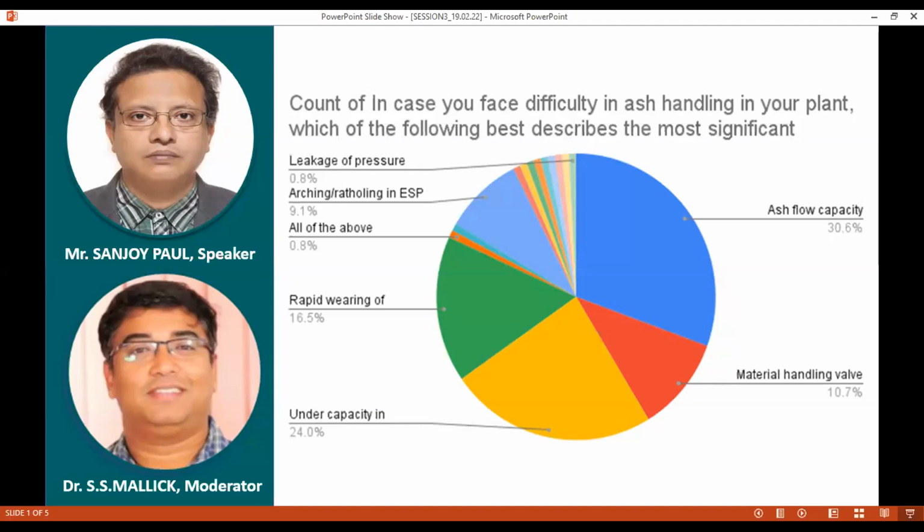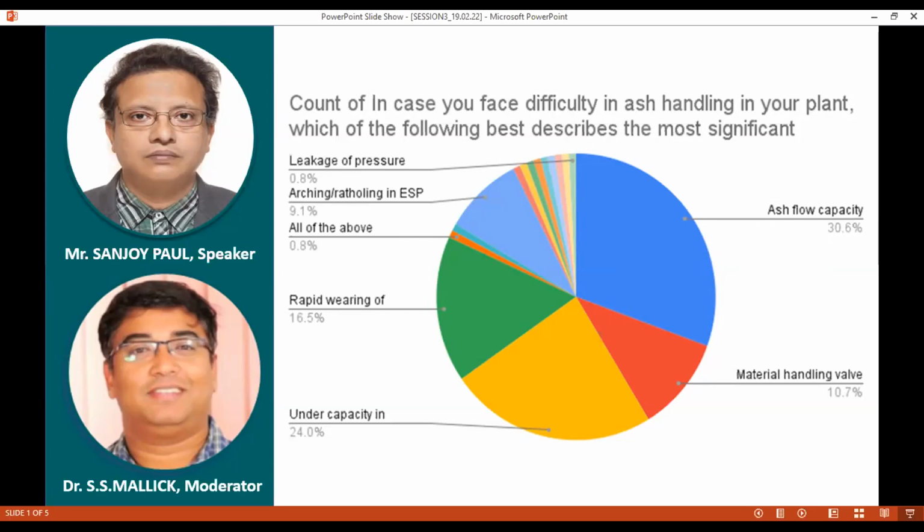So what can the plants do, Mr. Pal, if they're having too much erosion? One thing is the velocity is to be controlled. The easy way to control it is to make a step up to reduce the velocity so that impingement does not take place heavily.